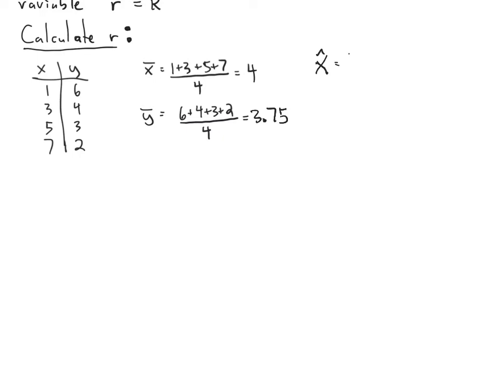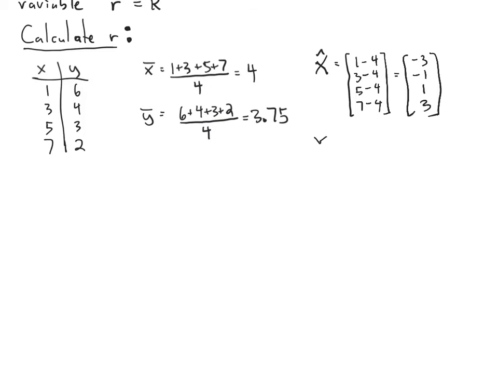So now we can figure out what our x hat and our y hat are. Let's do x hat. That's just each of our x points minus the mean. So it's 1 minus 4, 3 minus 4, 5 minus 4, 7 minus 4, and this calculates to minus 3, minus 1, 1, 3. So that's our x hat. And our y hat, same idea, we'll just use the y values instead.